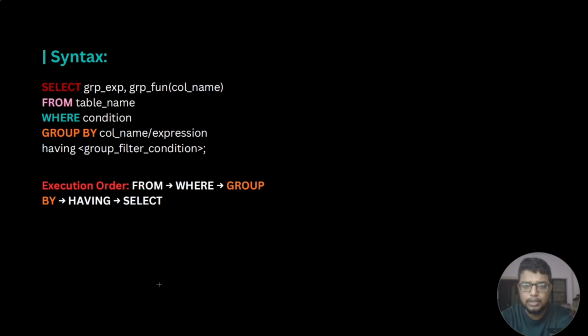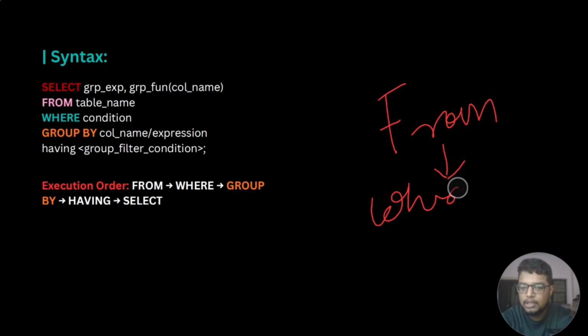In the case of execution, first of all the from clause executes, because first we have to select the table, so the from clause is quite important. Then if the where clause is there, it executes; the where clause is optional, it may or may not be there. If it is not there, you can directly jump to the group by clause.